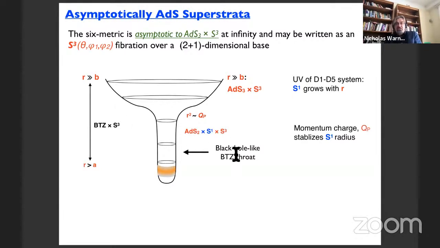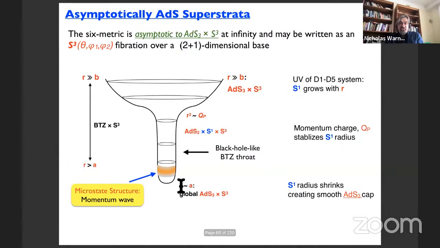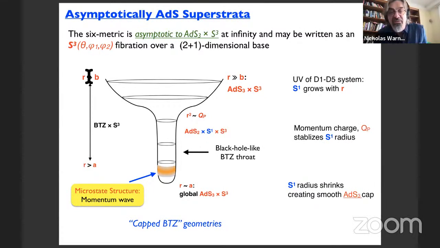So you have this long BTZ-like throat, and then when the scale hits around A, you pass through this sort of bumpy region of detailed geometry, which we sometimes call the momentum wave, and then underneath that you see no momentum charge, and it reverts back to being a global AdS3 governed by the scale A. But the background curvature here is actually set by B, and it is precisely that, set by Q1, Q5. So that's the structure, and we call these capped BTZ geometries for obvious reasons, and the superstratum gives you these capped geometries.